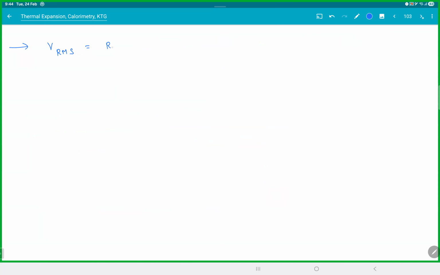This is the root mean square speed. This actually talks about the kinetic energy of the system. So this is the speed which, if possessed by all the molecules, you have the same kinetic energy as the system.